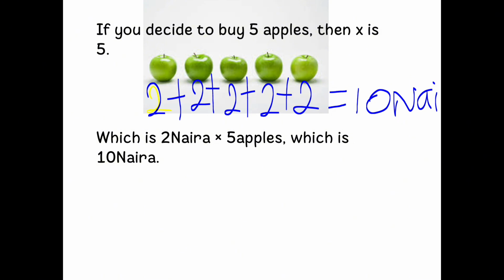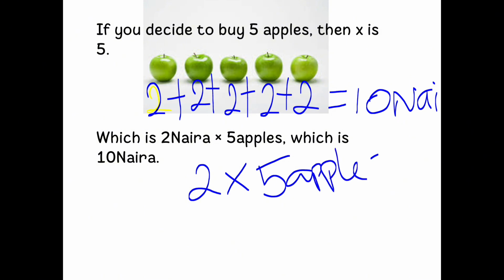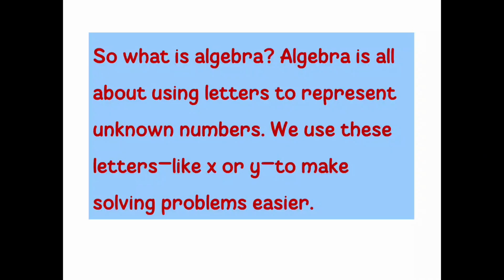Do you get that? Very good. So the implication of that is 2 naira to 1 apple multiplied by 5 apples. Are we together? And that gives us 10 naira to 5 apples. Do you understand? Very good.